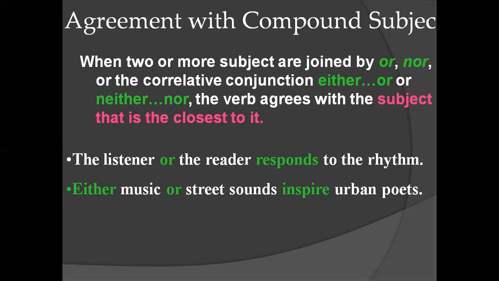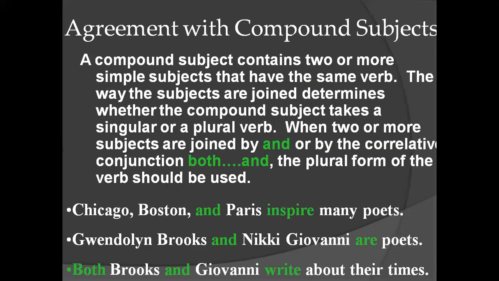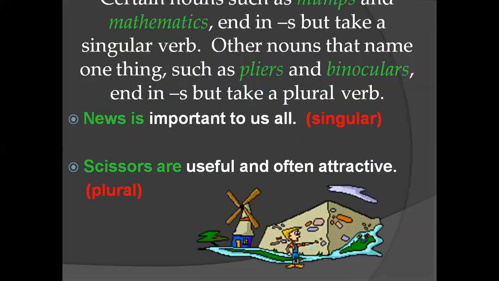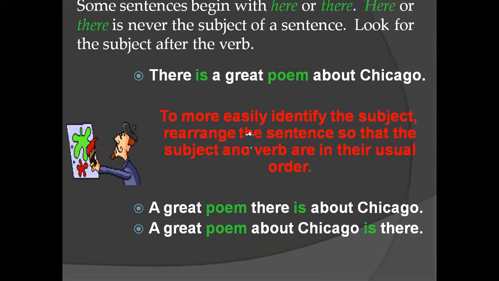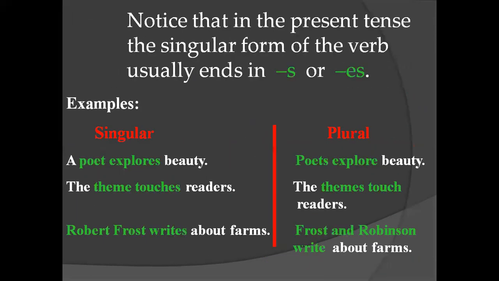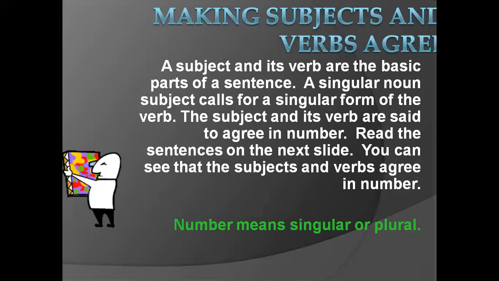Well, let's just revise our information about subject and verb agreement. First of all, number means singular or plural. So you can see that the subjects and verbs agree in number, that is, singular or plural.